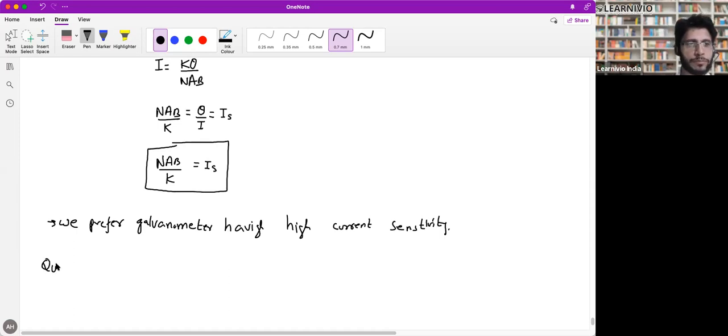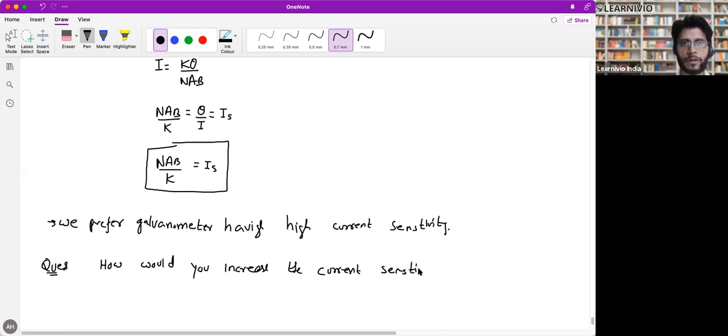It's a very general question: how would you increase the current sensitivity of a galvanometer?